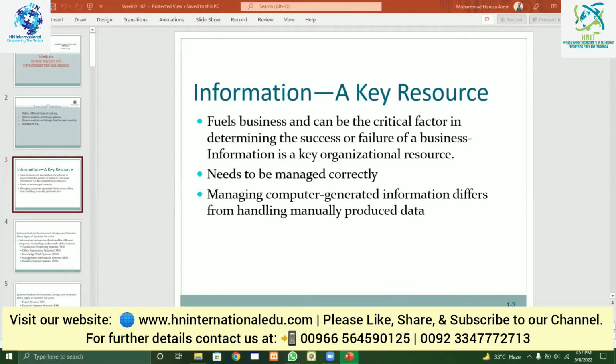Let me introduce these 3 lines for you. When you have information that is computer generated, meaning you have some data, you process it and get a result, then these results have a specific value with respect to that data.